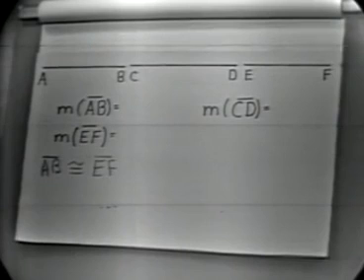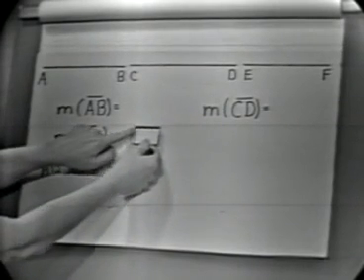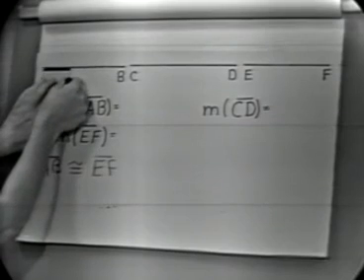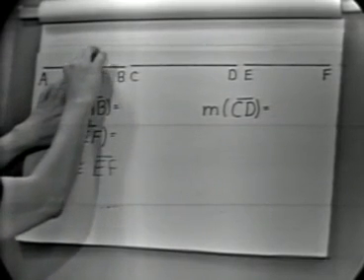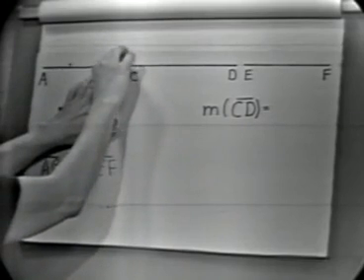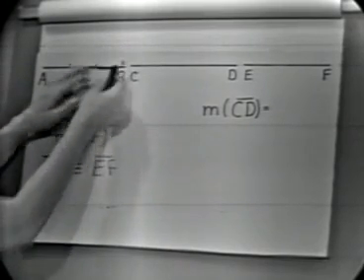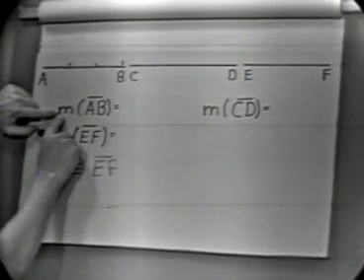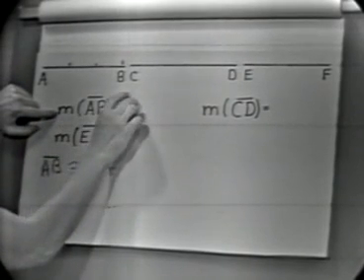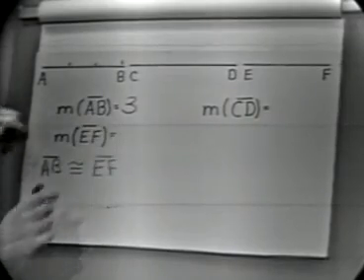But what is the length of AB? Let us select this as our unit. We see that the length of segment AB is 3. We can record that by saying that the measure of AB is 3.